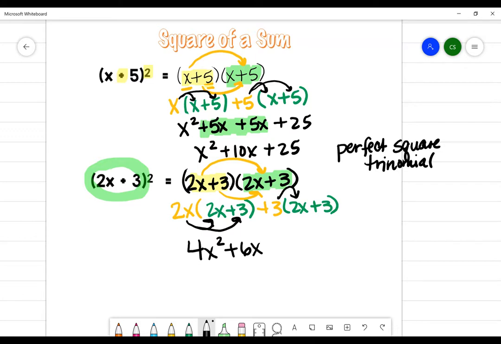Positive 3 times 2x. Multiply the coefficients. Add the exponents. And then 3 times 3, positive 9. Combine my like terms. And I get 4x squared plus 12x plus 9. Another perfect square trinomial.